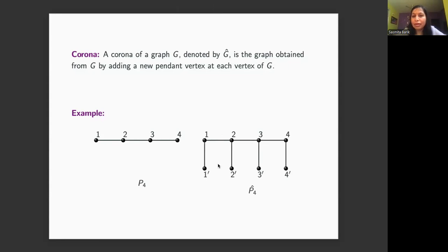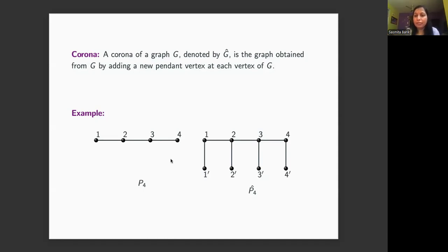That's the corona of P4. You can also observe that P4 is nothing but the corona of P2. And P2 is nothing but the corona of K1. This is known as the simple corona, so your second graph is basically K1. So just take a graph and add pendants to every vertex. Then it's known as the corona or simple corona.